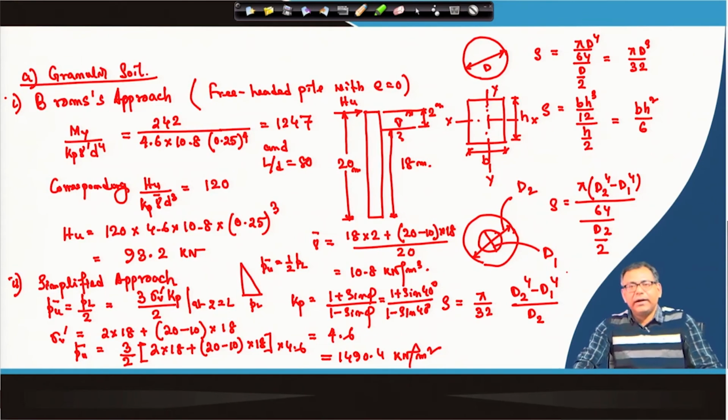Next class I will start the settlement response of the laterally loaded pile, for single pile as well as group pile.